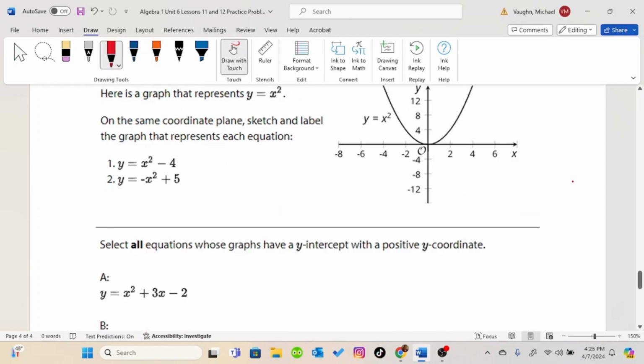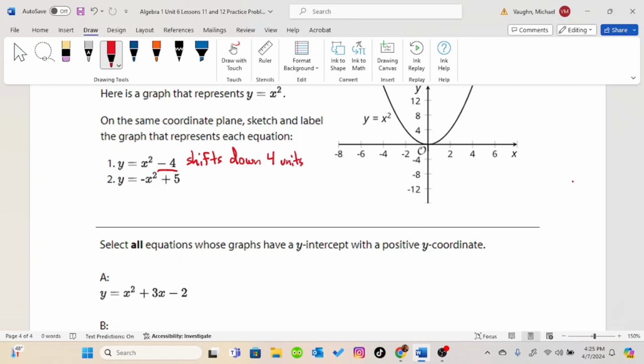Here is a graph that represents y equals x squared. On the same coordinate plane, sketch and label the graph that represents each equation. In number 1, the only change is minus 4. This shifts down 4 units.